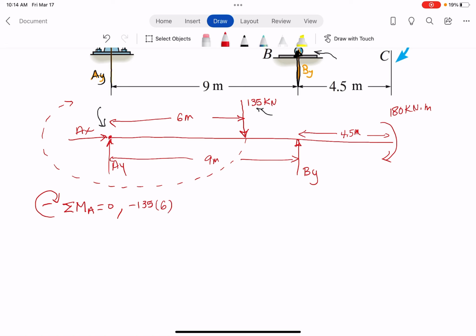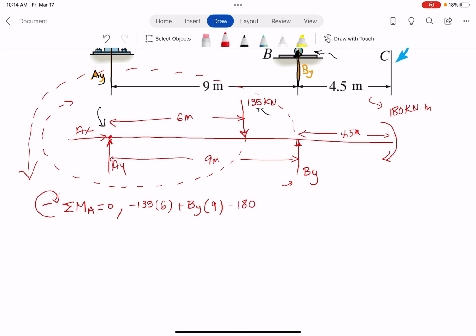Okay, what else? We have this force, By, but you could notice that this By will create a moment counterclockwise. So it's positive, plus By times 9. Okay, and also there are no more forces, but there is a moment here at point C. And you could notice that this moment is clockwise, so it is negative, minus 180.